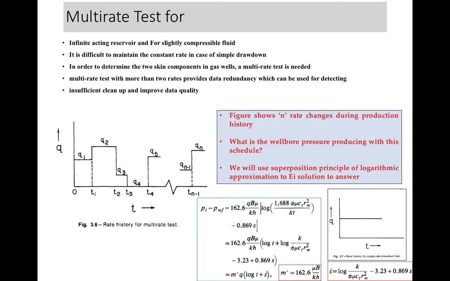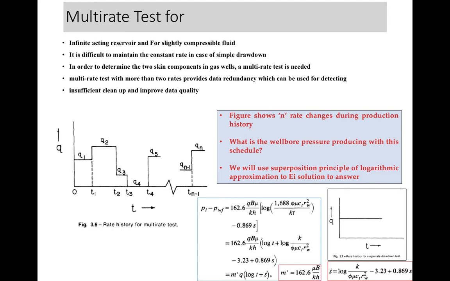This turbulence near the wellbore is caused by the high flow rate near the wellbore, and these two different kinds of skin are actually responsible for the distortion, right? So therefore, to estimate these two different skin components, we need to do multi-rate testing. We'll discuss this when we go to gas well testing, right?